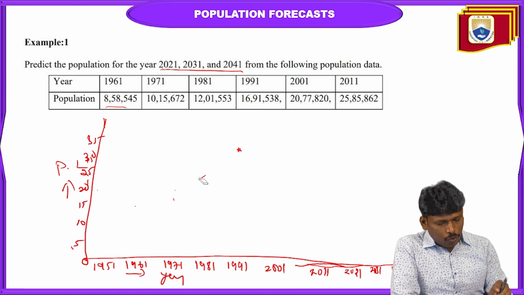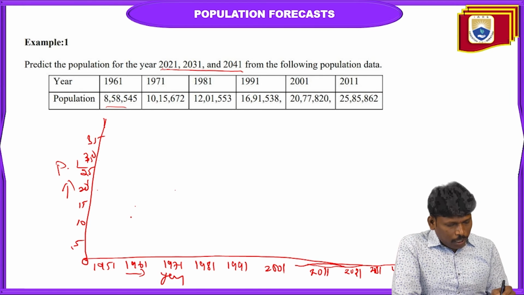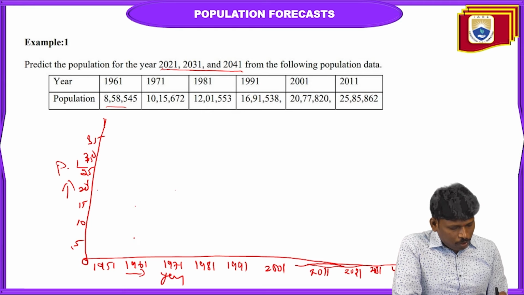So again I have to relocate. In 1961 it is 8 lakhs, so we will get somewhere here, near to this 10. And in 1971 again it is 10 lakhs. Then 1981 it is 12 lakhs. So here we will get it, and in 1991 it is 16.